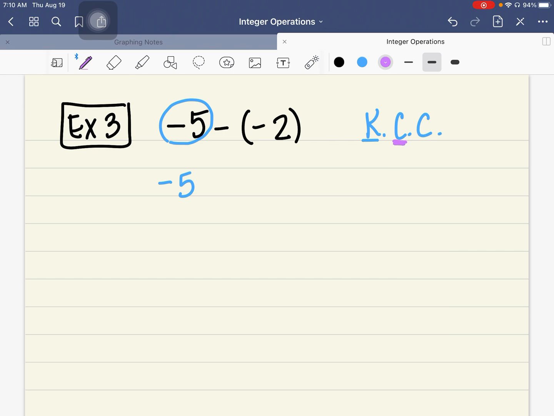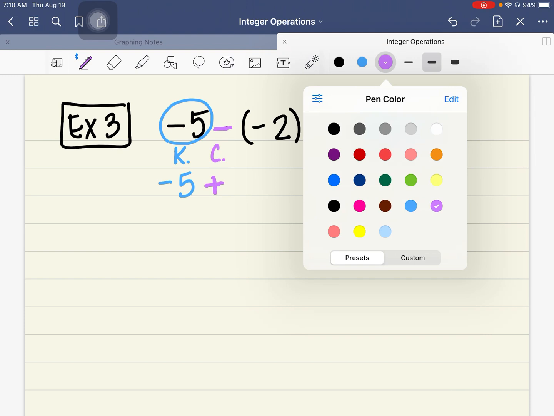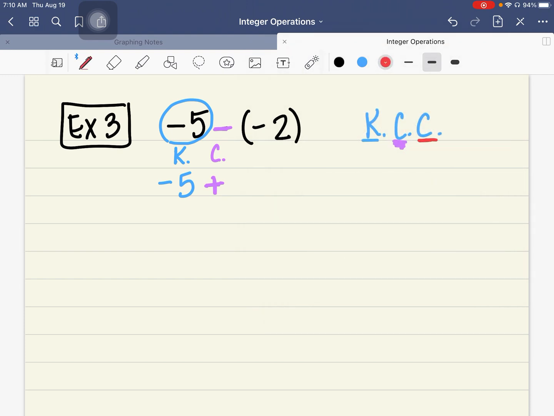We're going to change the minus sign to a plus sign. So here's our keep. Here's our first change. And then we're going to change the sign of the second number. So that's going to become from a -2 to a +2. So now our problem is -5 plus 2.